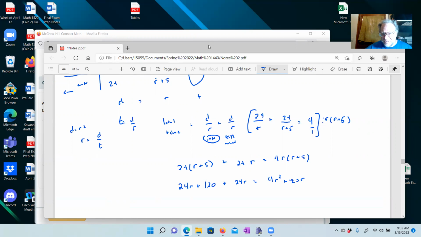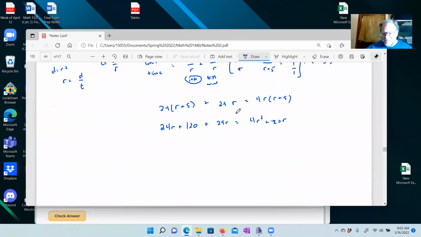This is like the factoring chapter. Okay, so let's go ahead and deal with this. We have 48R plus 120 equals 4R squared plus 20R. All I'm going to do is switch the sides. So we have 4R squared plus 20R is equal to 48R plus 120.